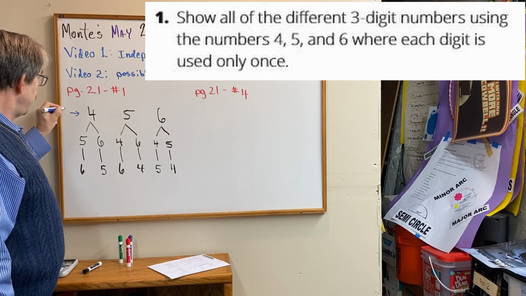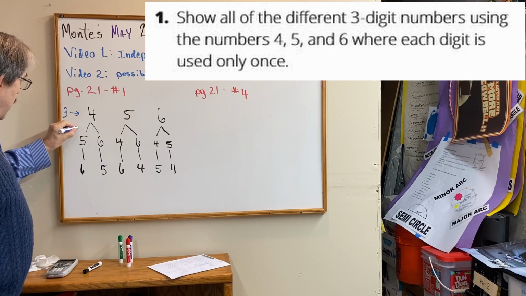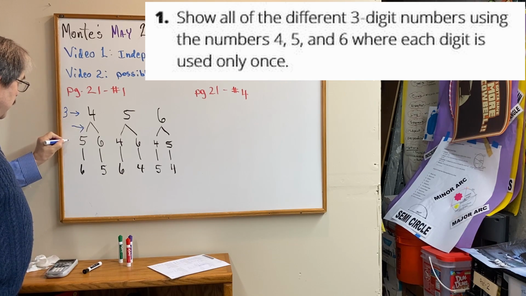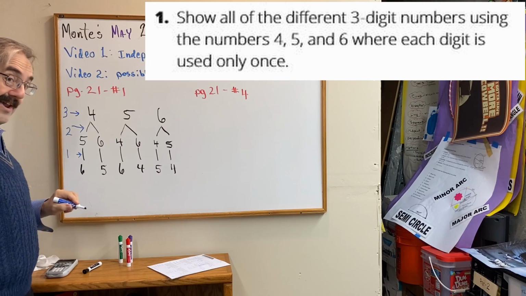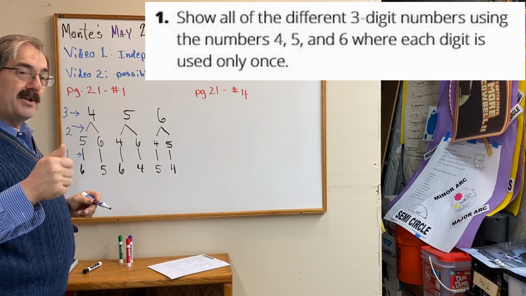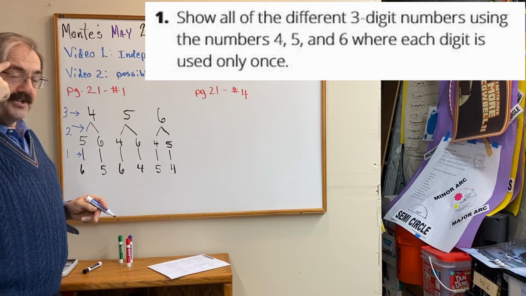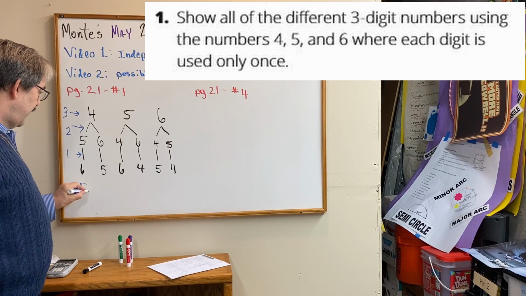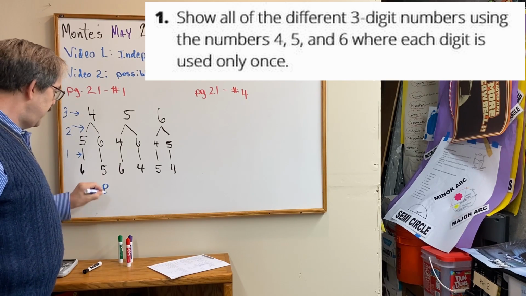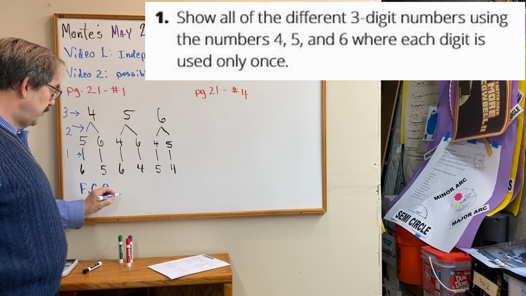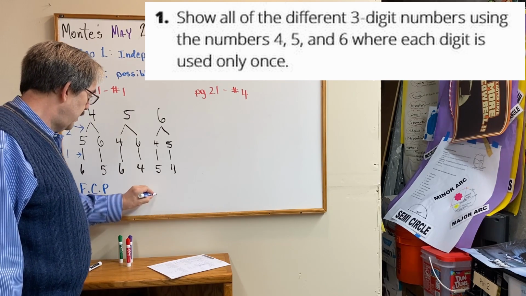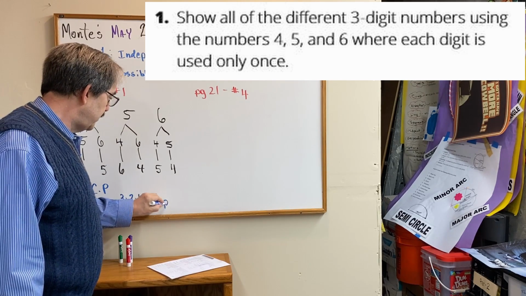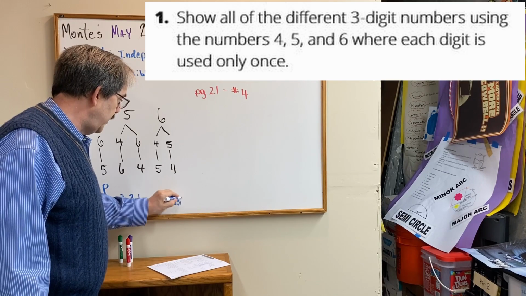There's 3 items here, 2 items here, 1 item here. If you go back to the note page, I introduced the idea of the FCP, the fundamental counting principle. 3 times 2 times 1. There's 6 possible combinations.